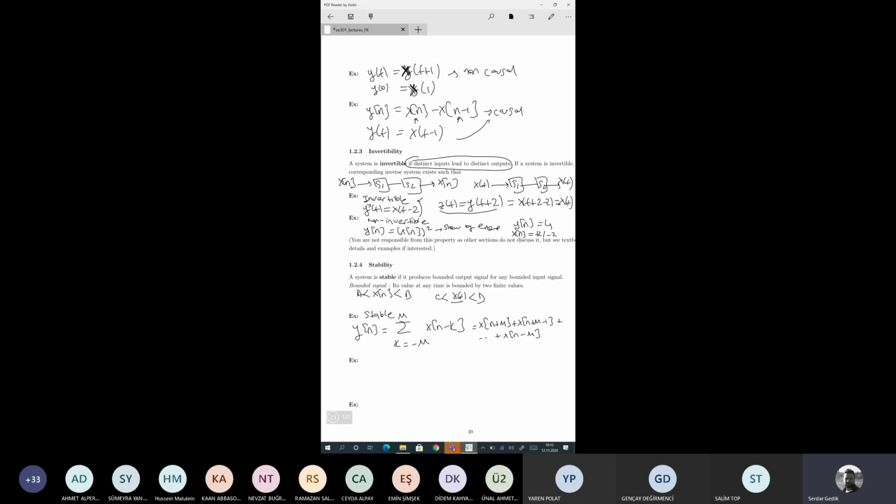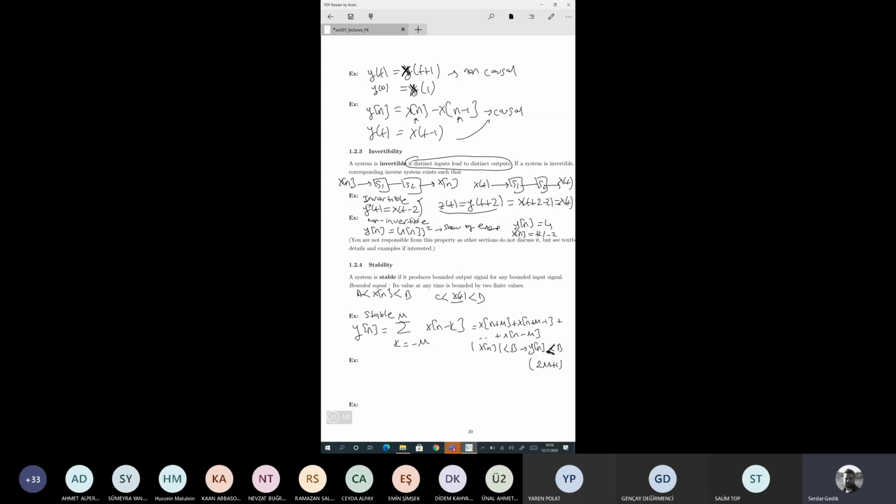So if x of n is bounded, let's say by b, then what about y of n? y of n is also bounded by b times 2m plus 1. So if x of n is bounded, then y of n is also bounded. Bounded input leads to bounded output.